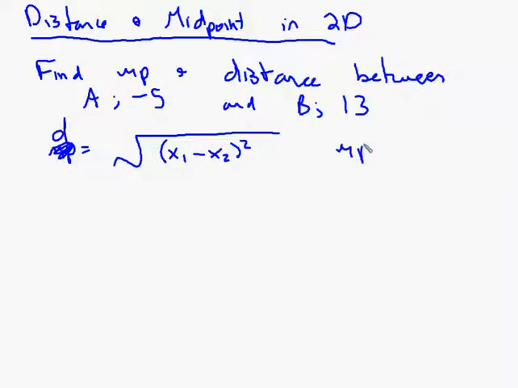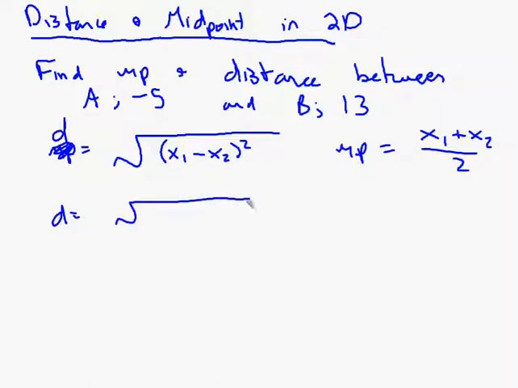And our midpoint formula is x1 plus x2 divided by 2. So we just put the numbers into our formula. Now again, the distance you're just going to end up subtracting in the end, and it's going to end up being positive. It doesn't make sense to have a negative distance. We are not going backwards in time.